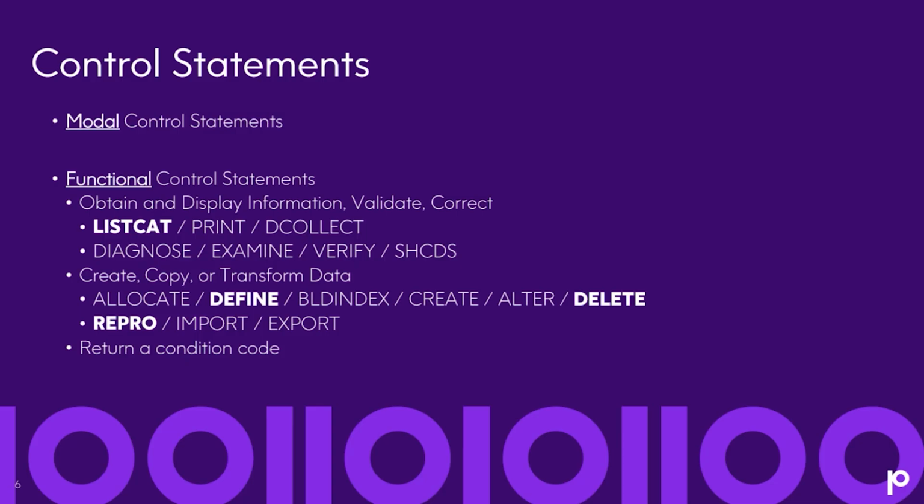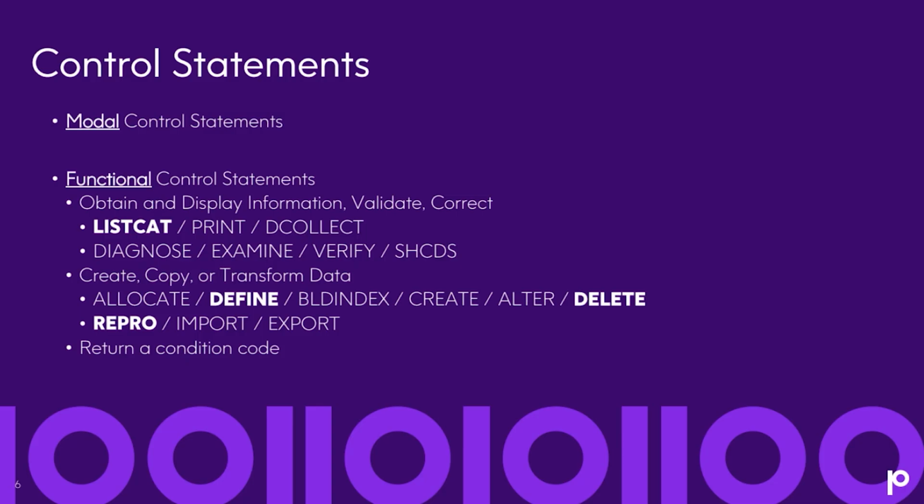And one of the nice things about IDCAMS is that all of the parameters across the program are consistent. So if I define something and give it certain attributes like primary space and secondary space and encryption key label and various other things, I can alter any of those by using the same parameter and the ALTER control statement. So I don't have to learn different parameters for each control statement.